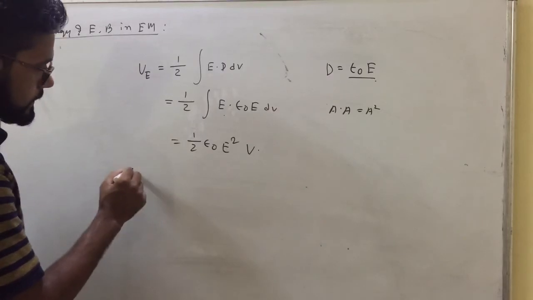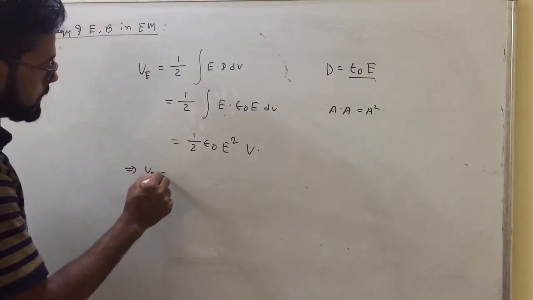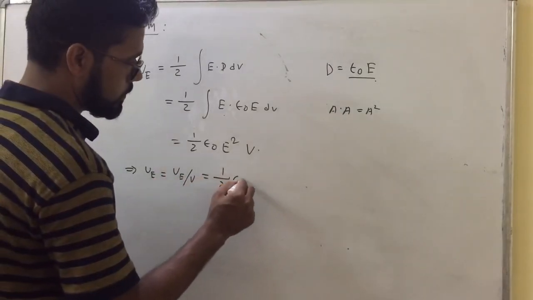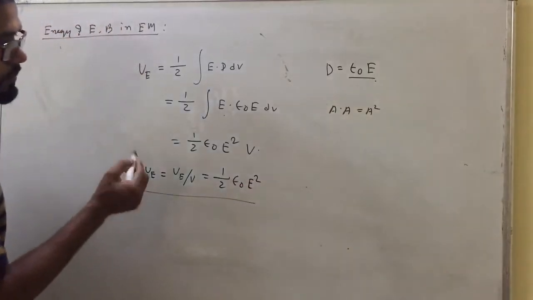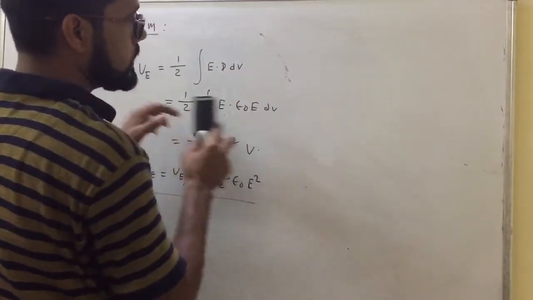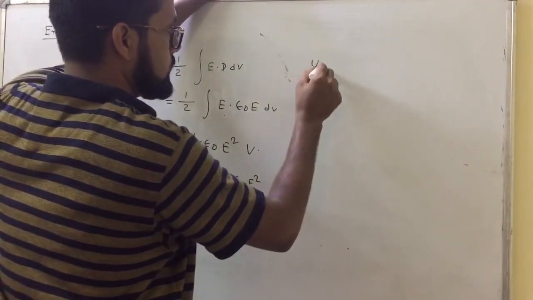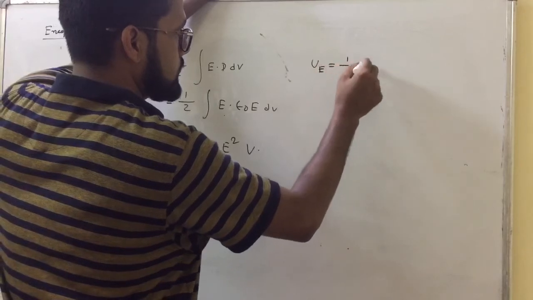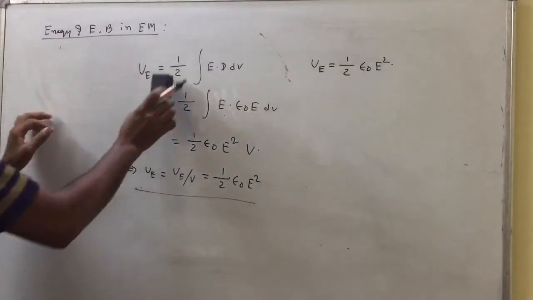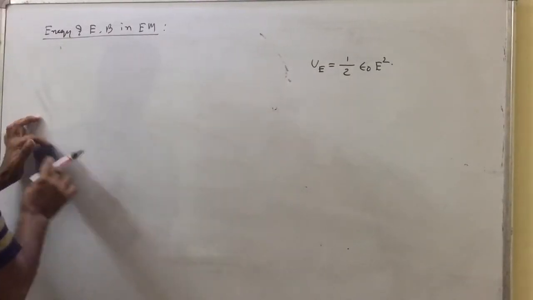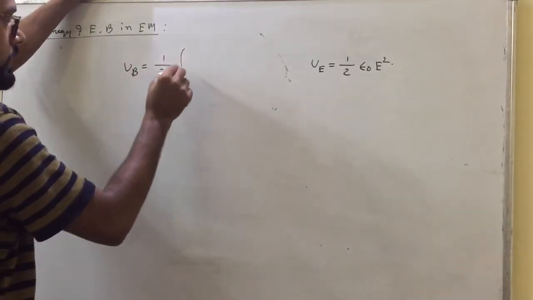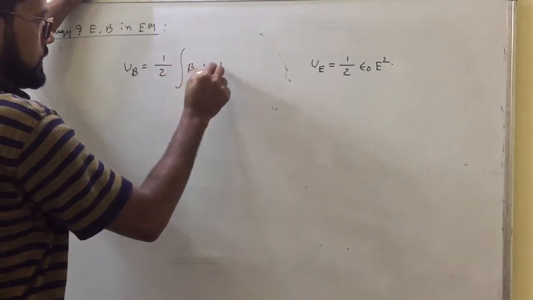And then the energy density of electric field U_E by V equal to half epsilon naught E square. This is the energy density of electric field in electromagnetic wave. This expression is used in calculation of energy density. Okay. Similarly, for the magnetic field energy, we use the same formula, B dot H dV.